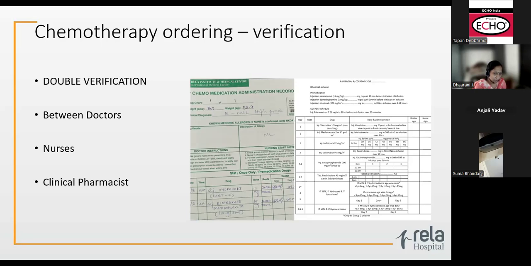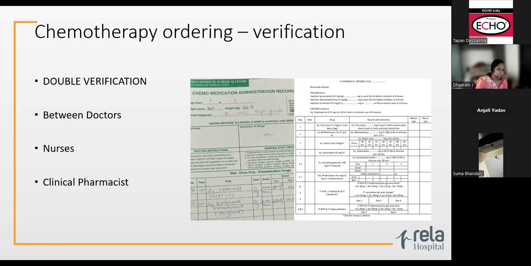We post the drug chart that is written for the patient and the protocol for the patient, so that even if they are not around, they can check whether the drug orders are written correctly. So the weight, height, body surface area, everything is written correctly. Once that is approved properly, only then do we go for administration.